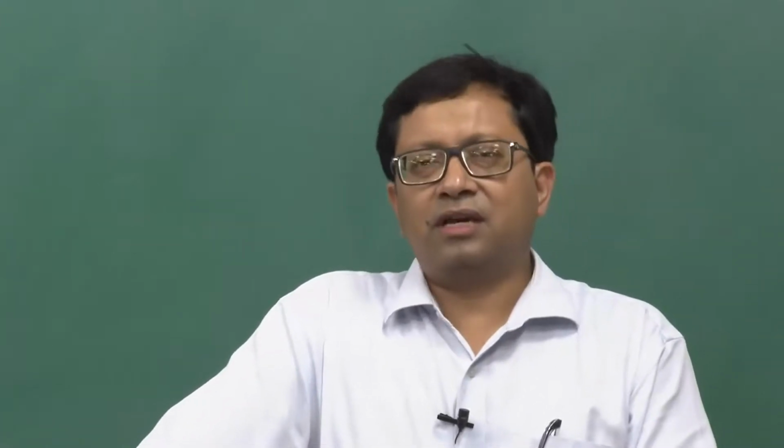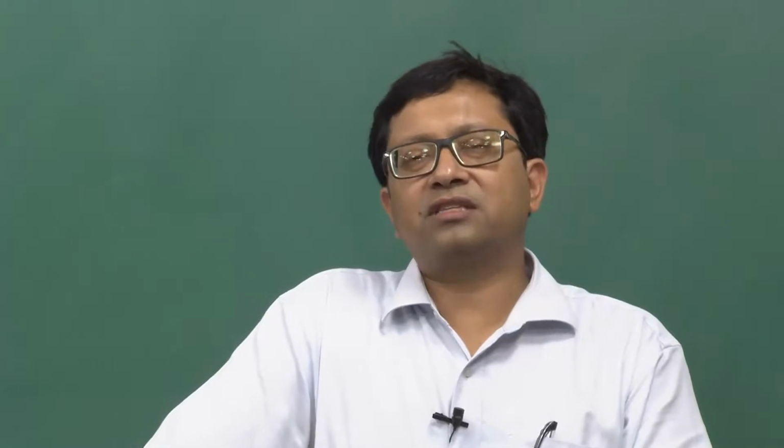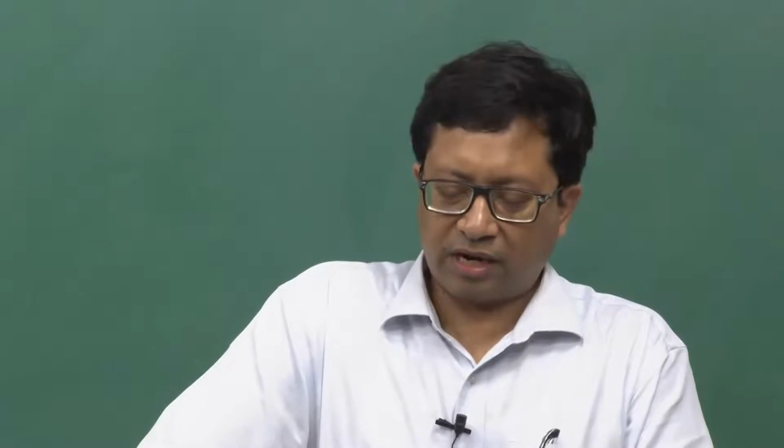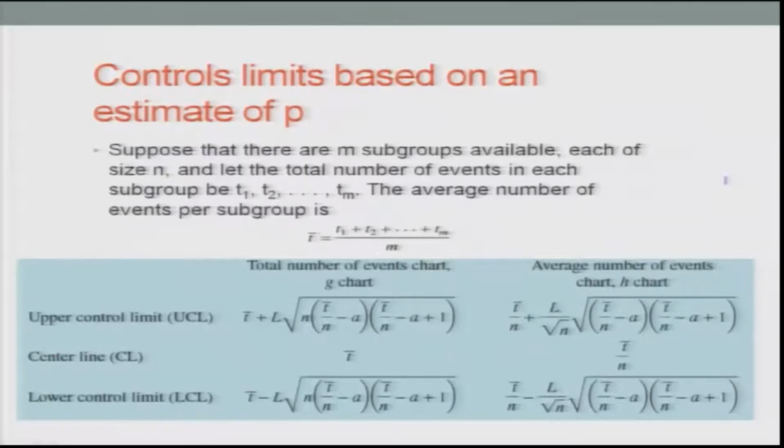Later on we saw that we could change the sample size also in each subgroup. So, continuing the discussion, suppose that there are m subgroups available, each of size n. So, the size n is not changing, and let the total number of events in each group be T1, T2, T3 till Tm. So, the average number of events per subgroup would be given by the sum of T1 to Tm divided by m. Now, if you want to find out the total number of events chart, which is the G chart, and the average number of events chart, which is the H chart, the concept is exactly the same.